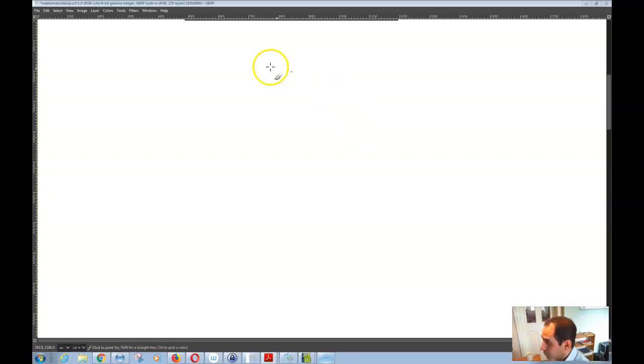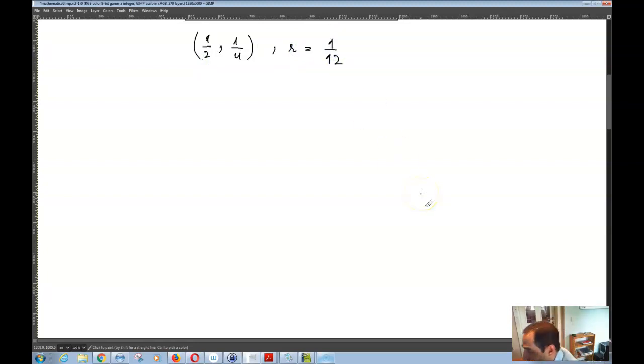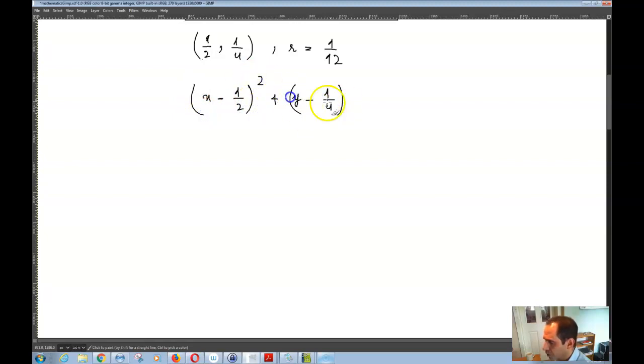Now if your center is at (1/2, 1/4) and your radius is 1/12 units, then you have (x minus 1/2) whole squared plus (y minus 1/4) whole squared is equal to r squared, which is (1/12) whole squared.